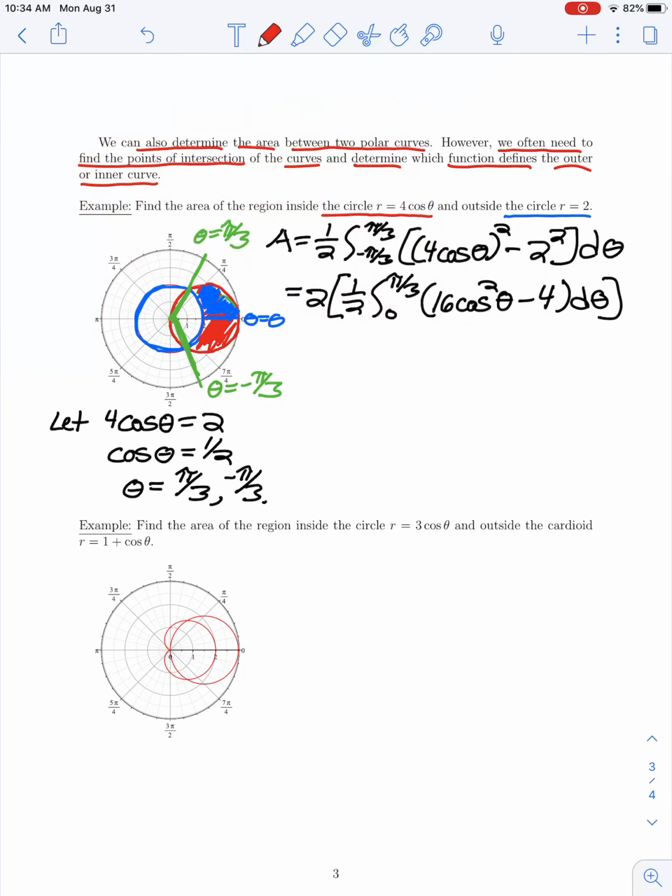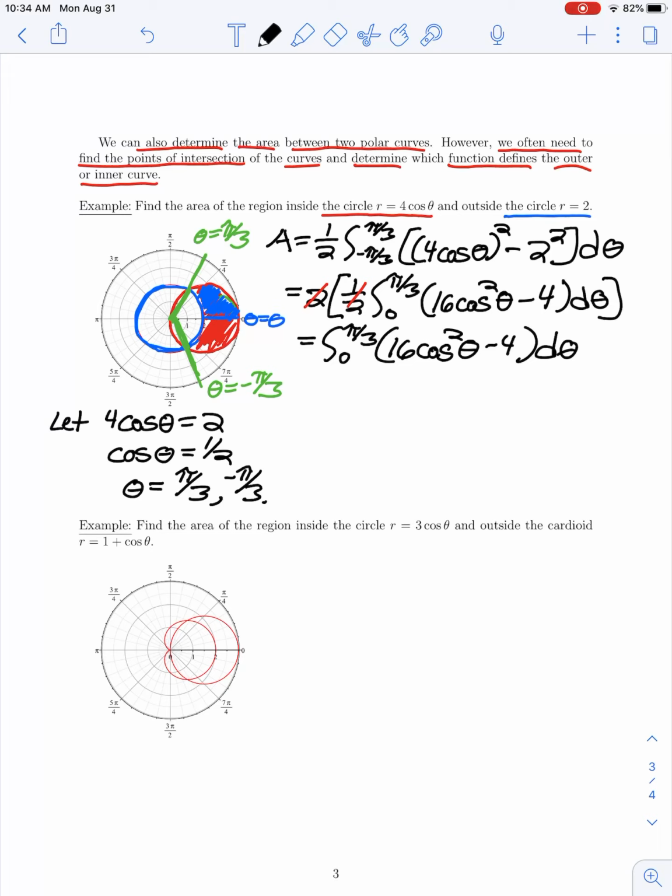So we can see here, our 2 times the factor of 1/2 from the formula will cancel, and I'm left with the integral from 0 to pi over 3 of 16 cosine squared theta minus 4 d theta.